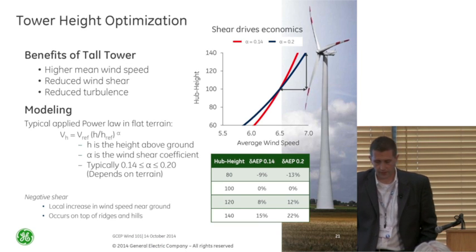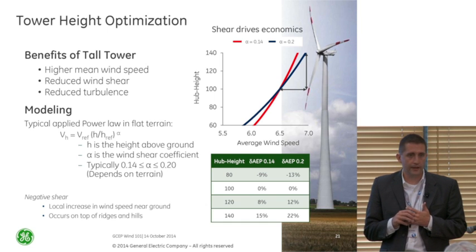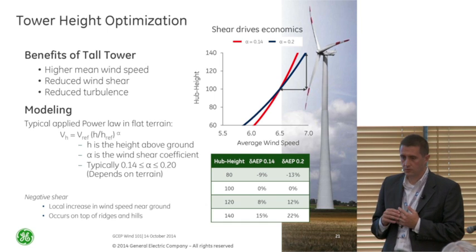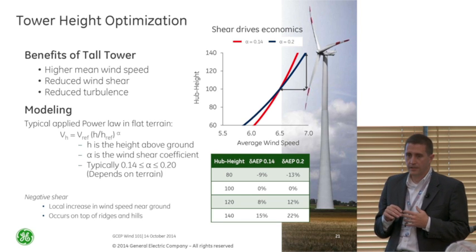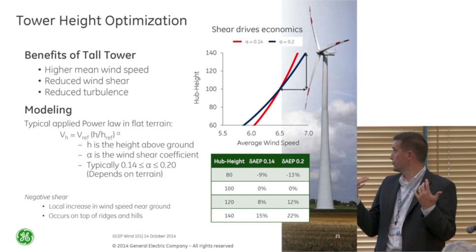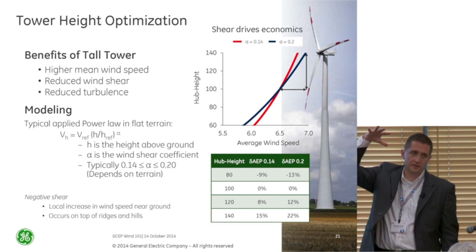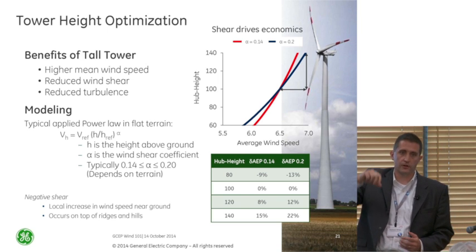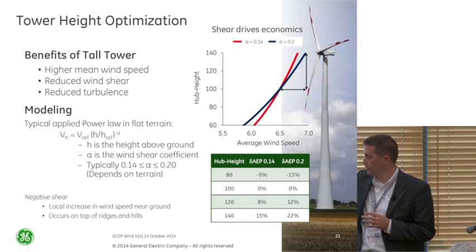So this is just a quick look at how we do a height optimization. You go to a higher, taller tower, you get better wind speed, you get reduced wind shear, potentially reduced turbulence. These are all great things, but every time you add more metal, it's going to get more expensive, right? So there's a trade, and this is a simple way of doing it.